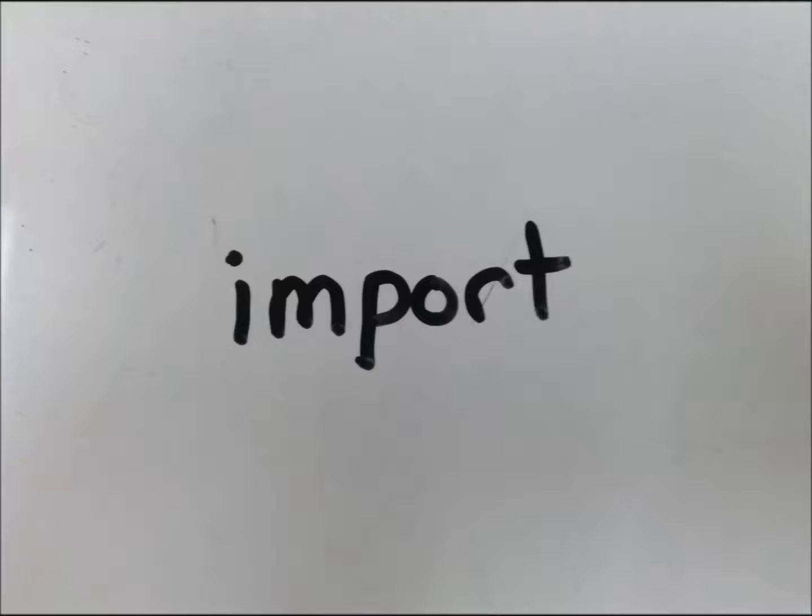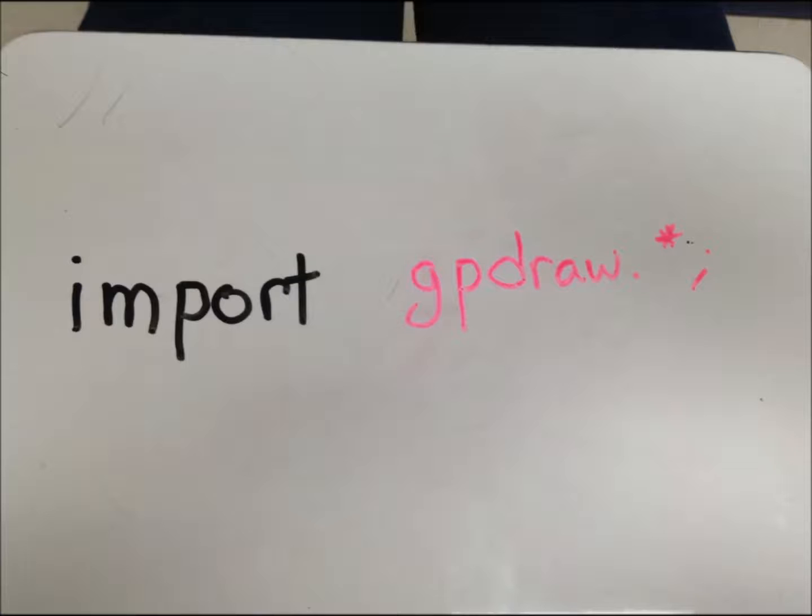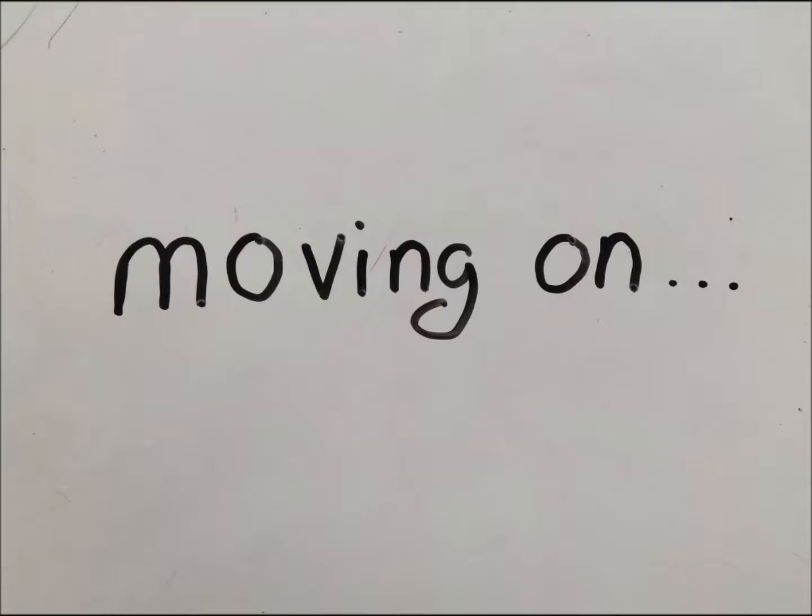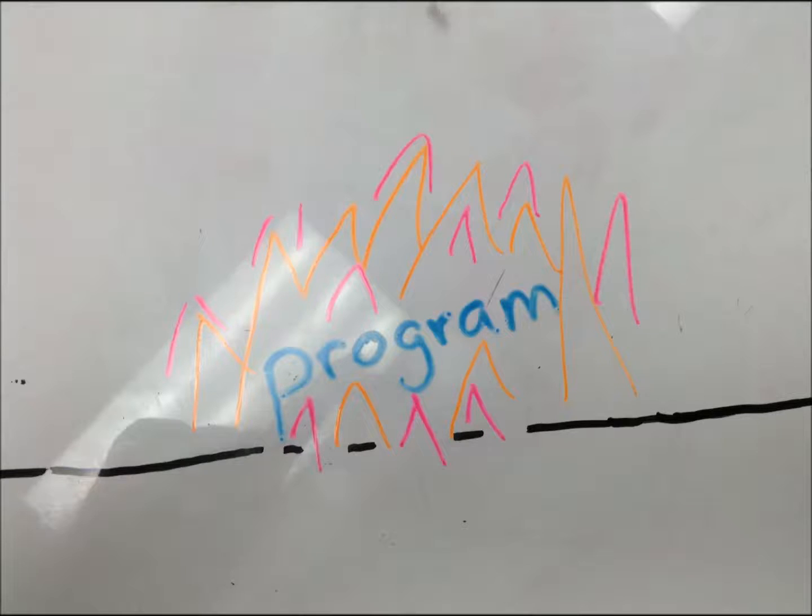The import statement allows the program to use these classes. The import statement looks something like this. The dot asterisk semicolon is very, very important. Every Java program contains a main method. However, not all classes need a main method, nor should they have one. If you don't set the parameters properly, things will crash and burn in epic proportions.